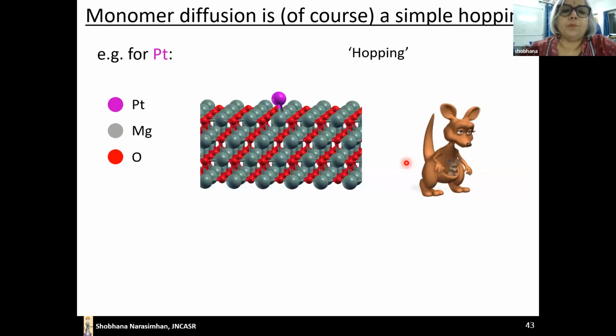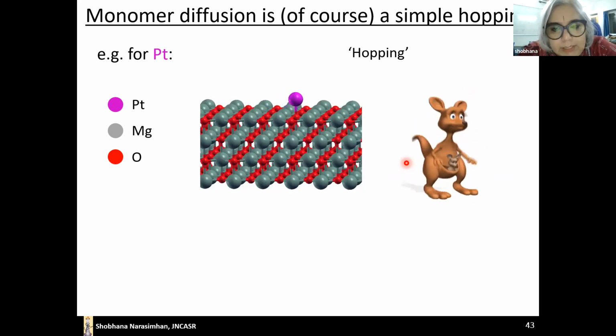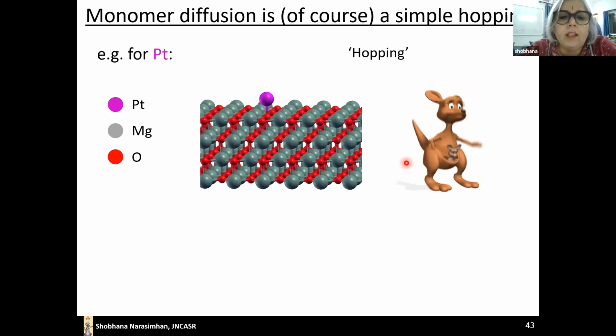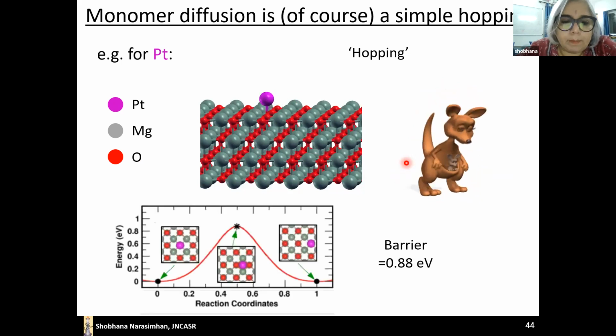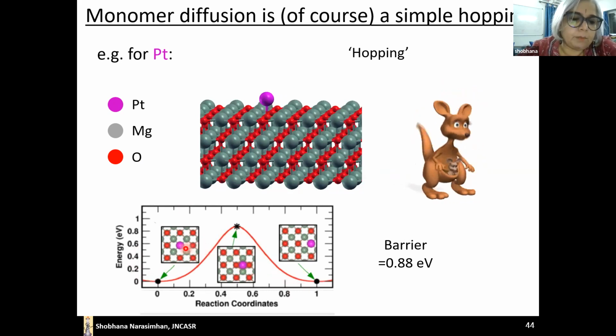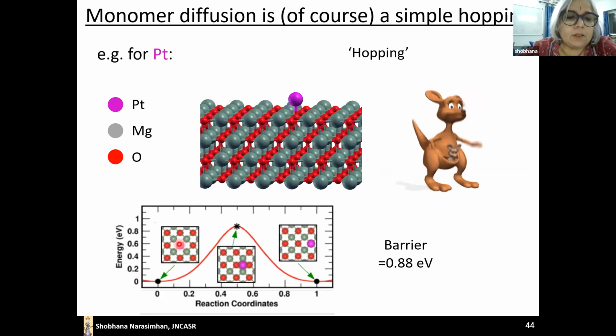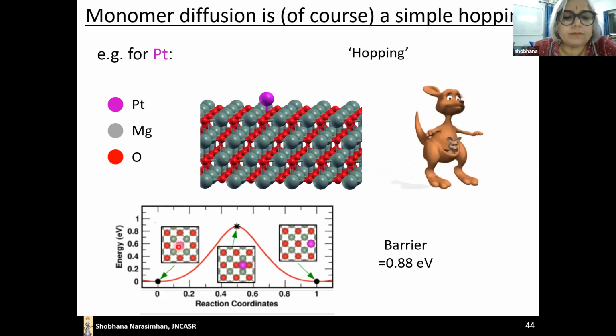So, monomer diffusion on platinum. The only way the monomer can move is by a simple translation motion, which is called hopping. And if we calculate the barrier, it is like this. The global minimum is when the platinum atom is sitting over an oxygen atom on the surface.